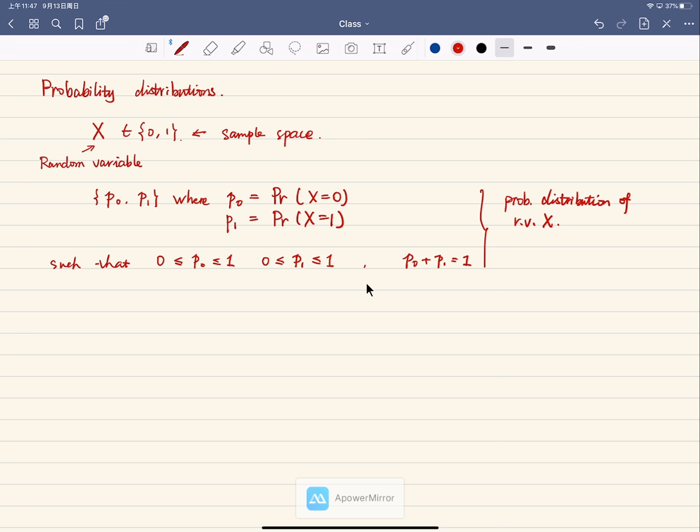But more often we will deal with probability distributions of continuous random variables. For continuous random variables, the most important example I will cover in the class is the normal distribution.